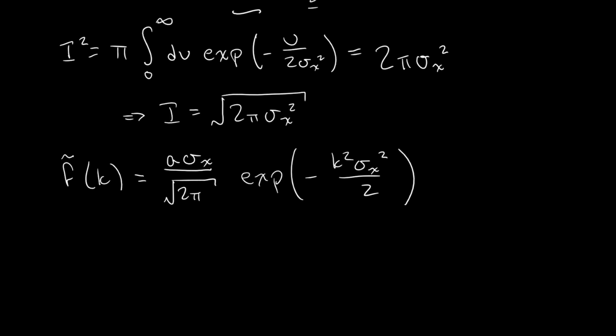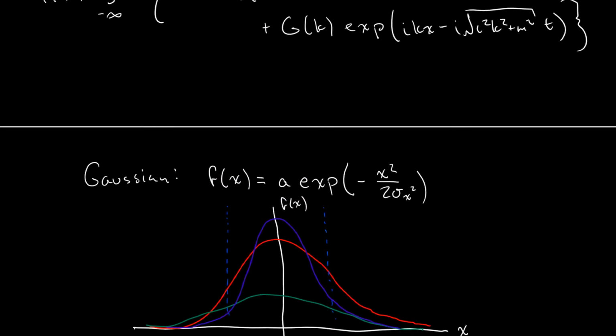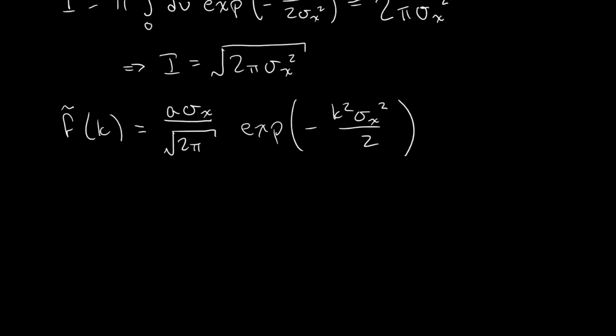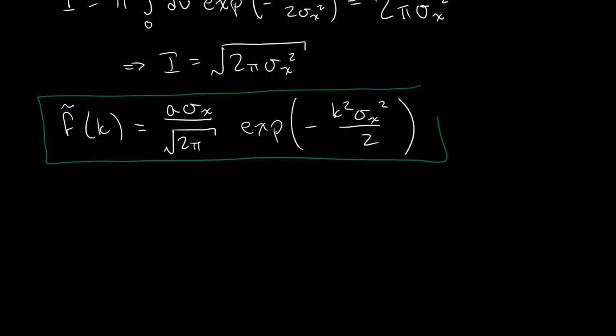So what is this? If we look at this, remember this here is a function of k. And now if we go all the way back up and compare, our Gaussian was defined essentially as an exponential of minus something squared. So it's a constant times something squared. So what we see is that when we take a Fourier transform of a Gaussian, we get another Gaussian, right?